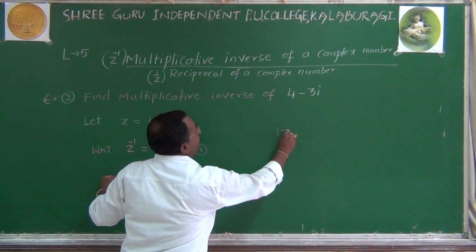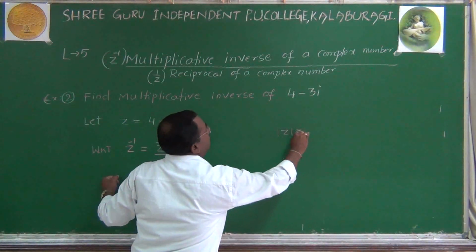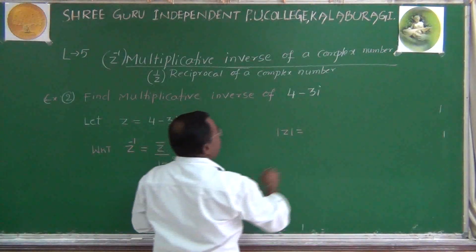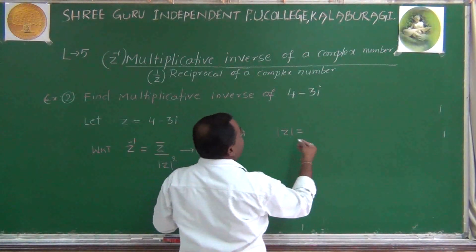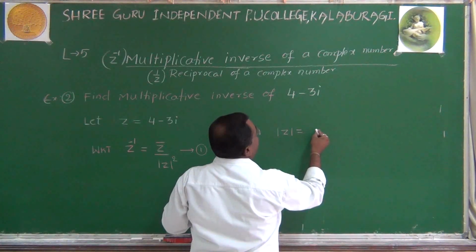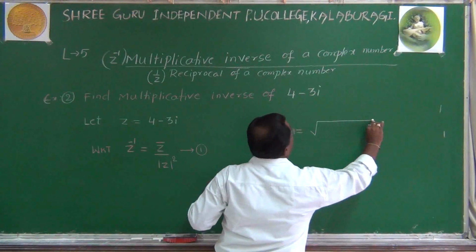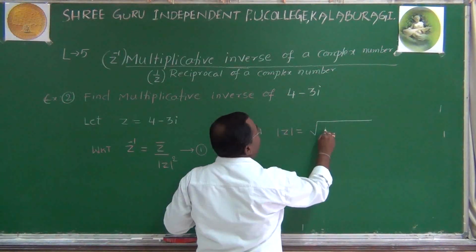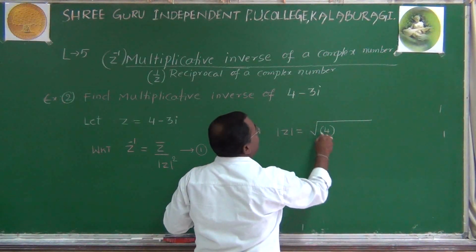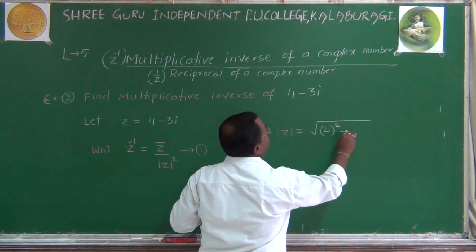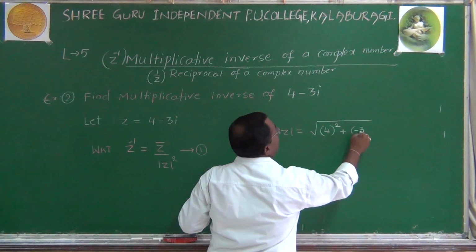First, modulus of z is equal to the square root of real part square, 4 square, plus imaginary part square, minus 3 whole square.